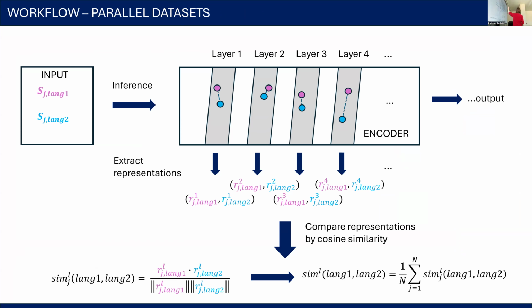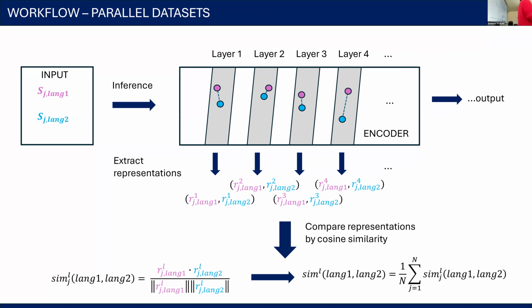And then from each layer, we extract the representation of that specific sentence in that specific model. Of course, one sentence is made of different tokens or audio features. If it's a speech model, we're gonna be averaging over those so that we have just one representation for one sample or one sentence. And then once we have that, we basically compare sentence by sentence via cosine similarity.